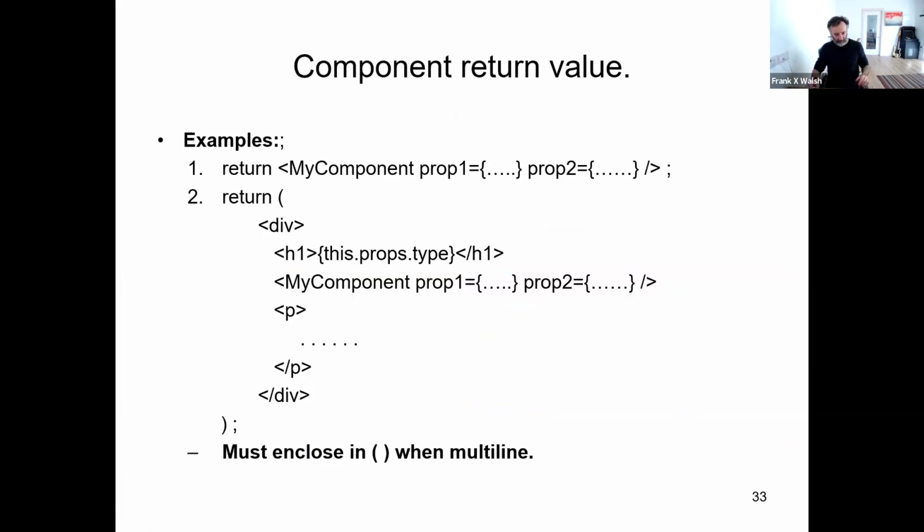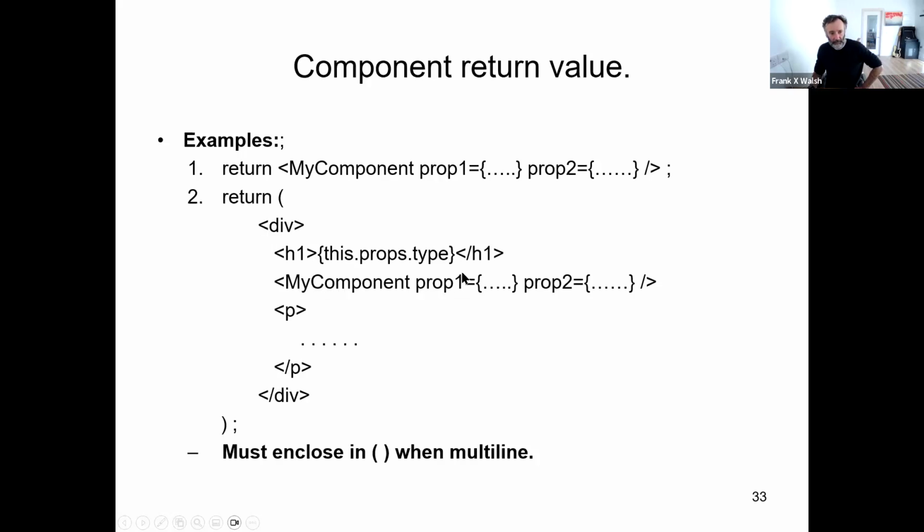So I don't have much more to go here, folks, just to finish out. So, examples of component return value. So I can return a component like this with a set of properties defined. I can also return something like this, right? Which is HTML inlined with TypeScript. You can see it there. So I can return a bit of HTML, and then you can see my component.